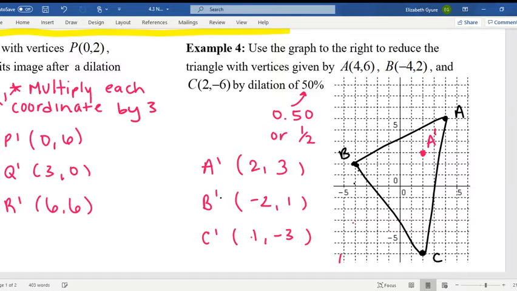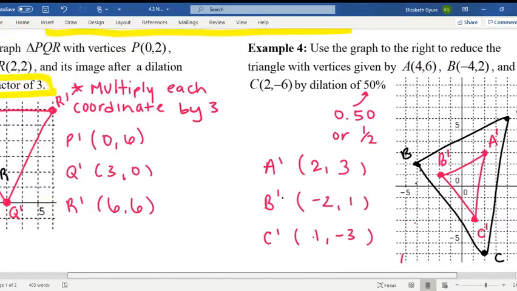So that's there. B prime is -2, 1. And C prime is 1, -3. There it is. Does that look smaller? Same general shape though? Yeah. Okay. Questions about that?